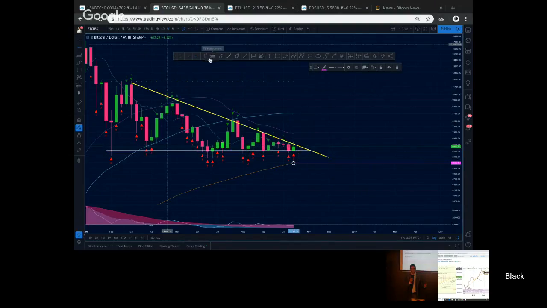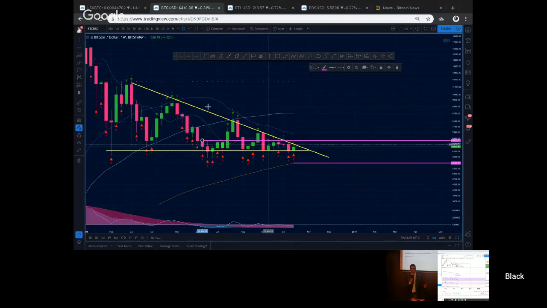So what we're going to see: I see that we have major resistance now at 6,800. This is the important resistance right now, and maybe this is a bullish entry.